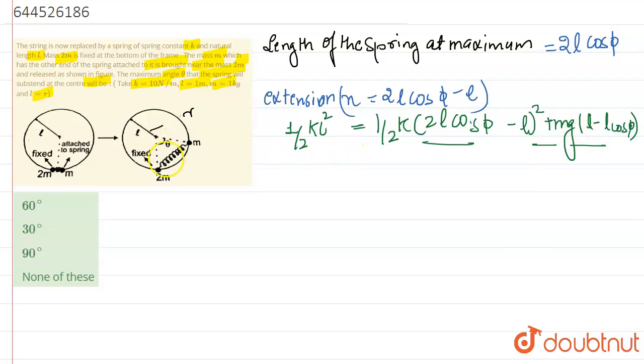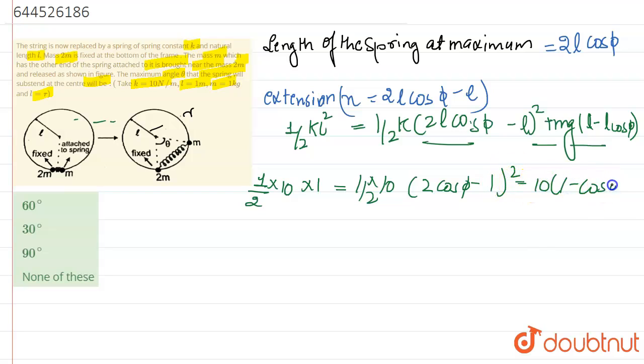You can write it as phi or theta also, there is no issue, it is just an angle. Putting the values given in the question, it will become half multiplied by 10 multiplied by 1 is equal to half multiplied by 10 (2 cos phi minus 1) whole square plus 10 (1 minus cos phi).